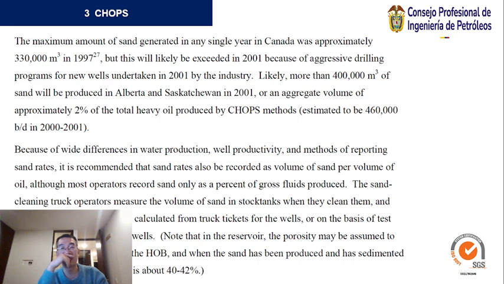Likely more than 200,000 of sand will be produced in Alberta in 2001, or an aggregate volume of nearly 2% of the total heavy oil produced by the CHOPS method.